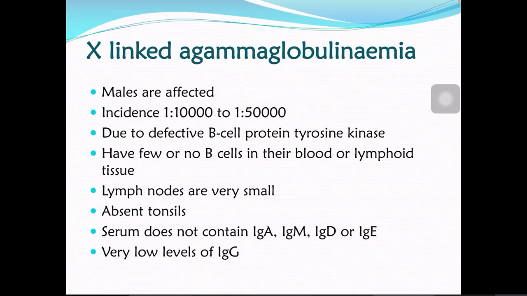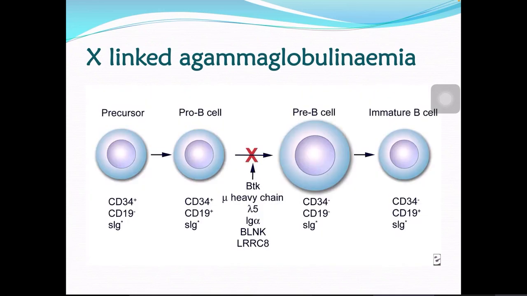They are likely to have absent tonsils. And if you do their serum immunoglobulin levels, IgA, IgM, D and E will be almost absent, and they may have very, very low IgG levels. So this is what happens.